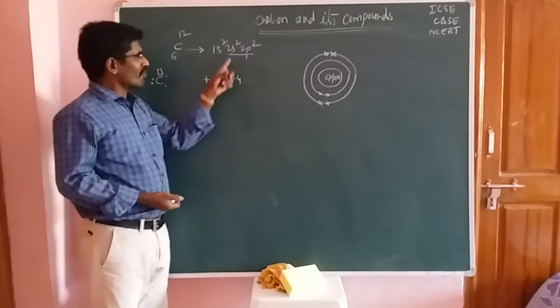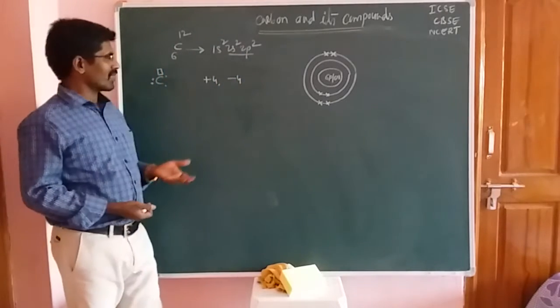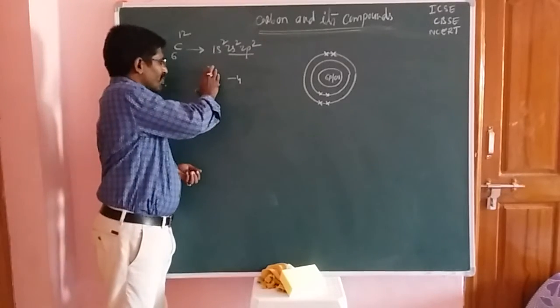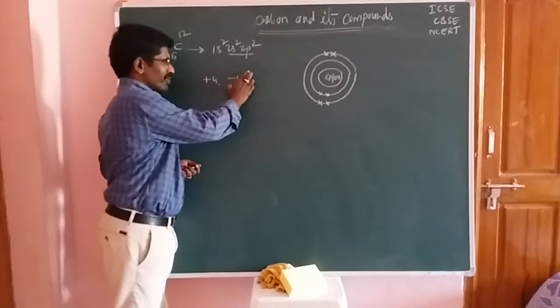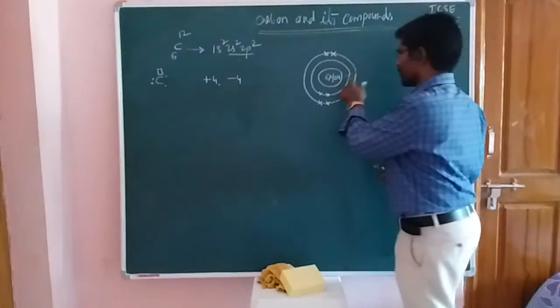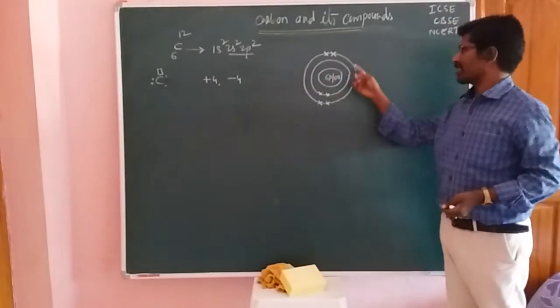If it gains the 4 electrons, then it attains the neon configuration. Okay, students. So actually the plus 4 oxidation state is more stable than the minus 4 oxidation state. That means here the 6 protons are present in the center part of the atom and the 4 electrons are there.